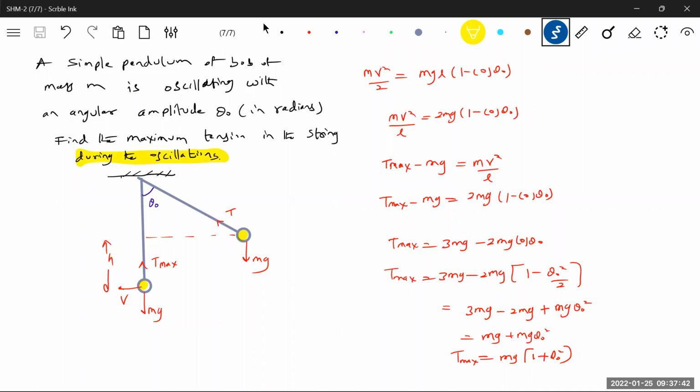Now you can ask, how do I come to know that I should do such approximations? Because what is a basic pendulum itself? When we say pendulum, the angular displacement we give will be of a few radians.